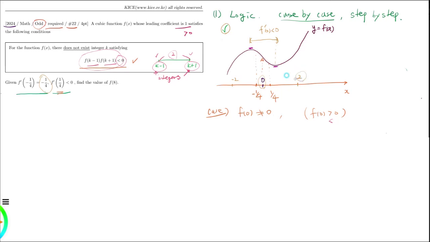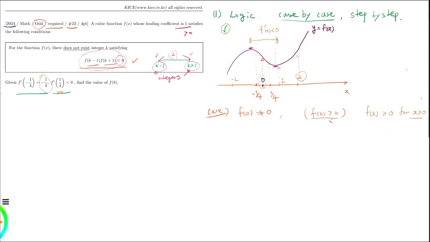So in the case of 2, since f of 0 is positive, f of 2 is also positive. So it does not matter for the positive case, because in this case f of x is positive for positive x.